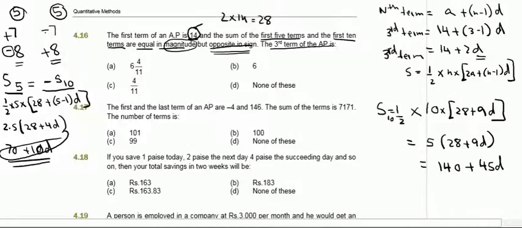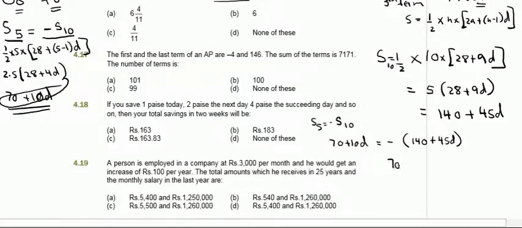Now we can write the equation, which is S5 equals negative S10. This will be S5 is 70 plus 10d equals negative (140 plus 45d).